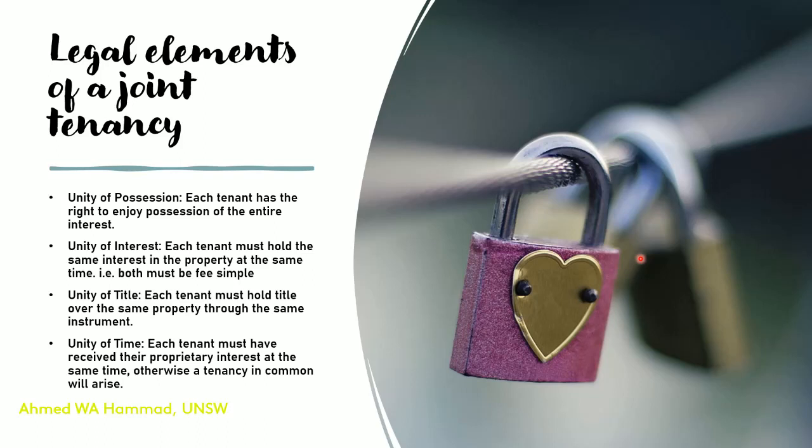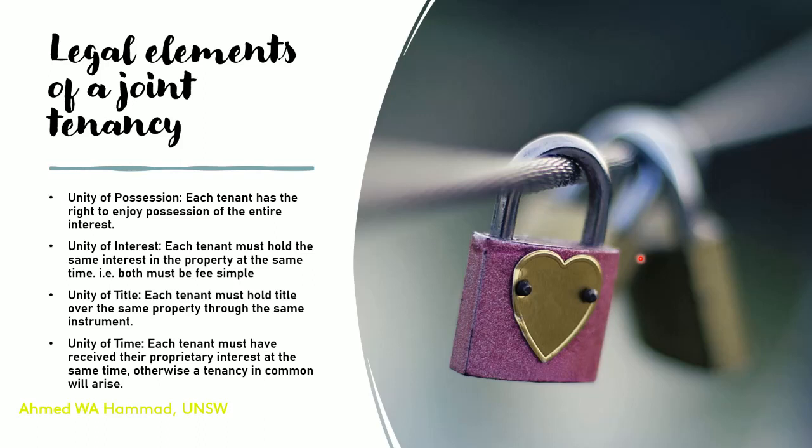Now, in order to have a joint tenancy, there are legal elements that have to be satisfied. So 4 legal elements need to be satisfied. The first legal element is the unity of possession. That's where each tenant has the right to enjoy possession of the entire interest. The unity of interest, the second legal element, is where each tenant must hold the same interest in the property at the same time.